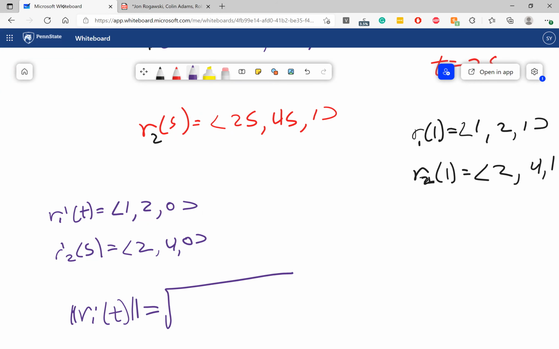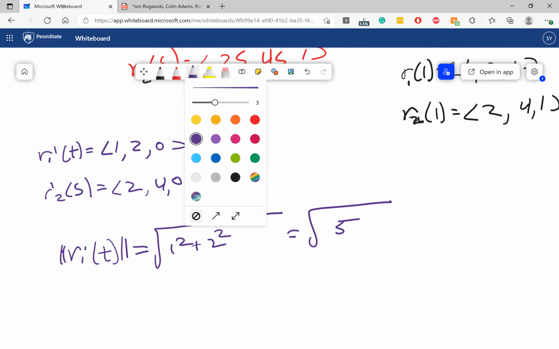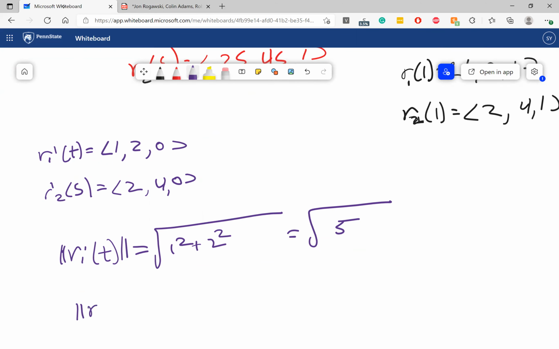It's going to be the square root of 1 squared plus 2 squared, which is the square root of 5. But for the second one, the magnitude of R2 prime of s is going to be the square root of 4 plus 16, which is the square root of 20.